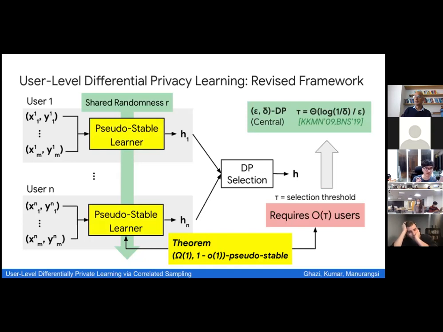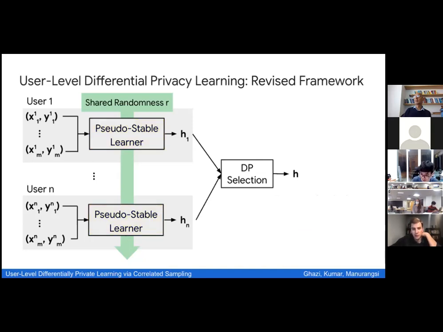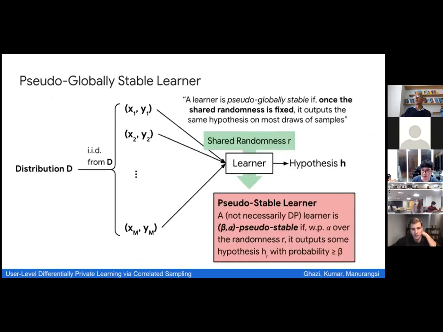Are there any questions about this use of shared randomness, or the modification in general so far? What are the parameters for pseudo stable again? What do they mean? Let me go back. There are two parameters. There is beta, which is the stability, the probability that you output this special hypothesis.